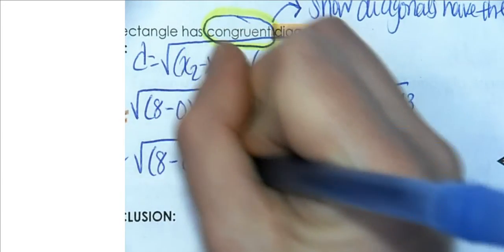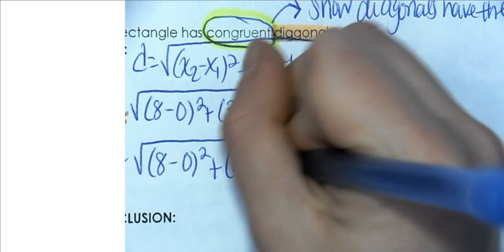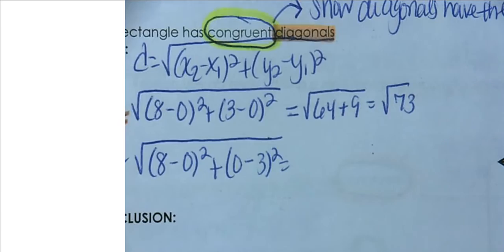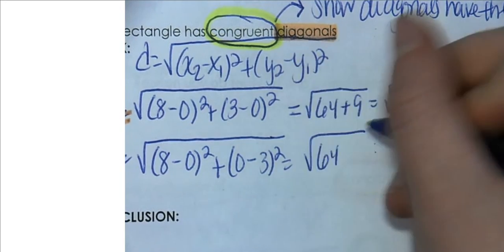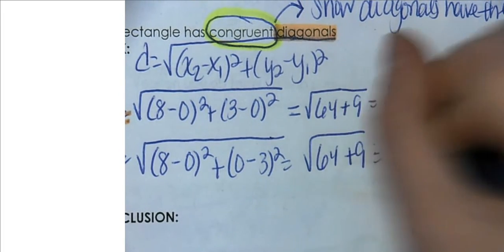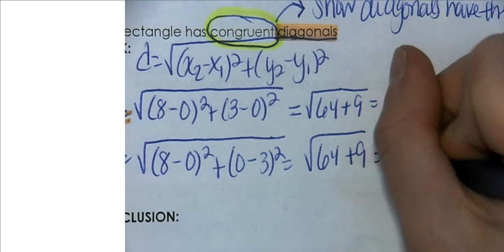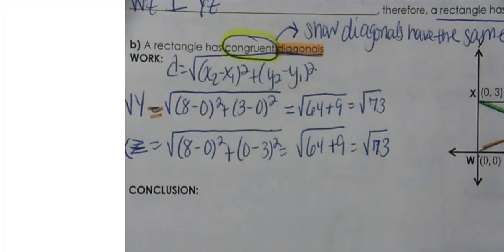But I'm going to write 8 minus 0 squared plus 0 minus 3 squared. So 8 minus 0 is 8. 8 squared is 64. 0 minus 3 is negative 3. Negative 3 squared is 9. And once again, we end up with the square root of 73. So both of these segments ended up being the same length.